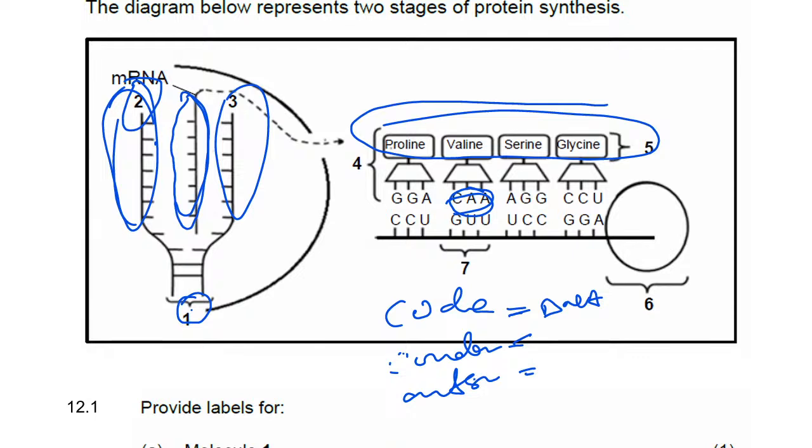It's an amino acid. It's a peptide bond. But they are amino acids.